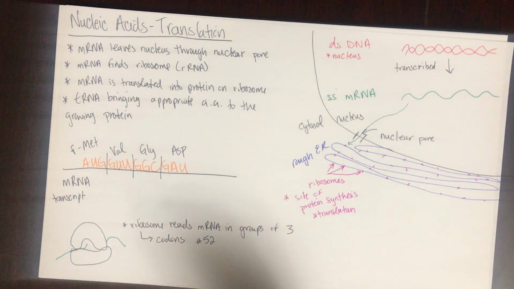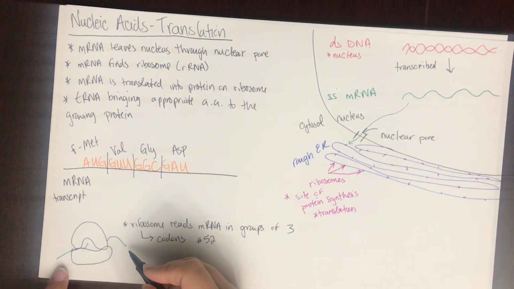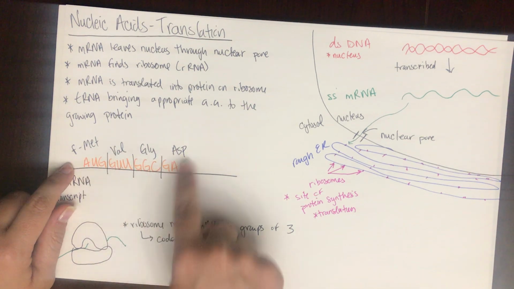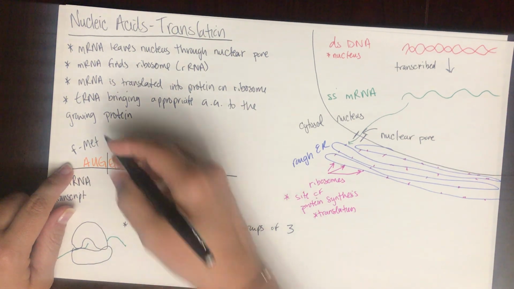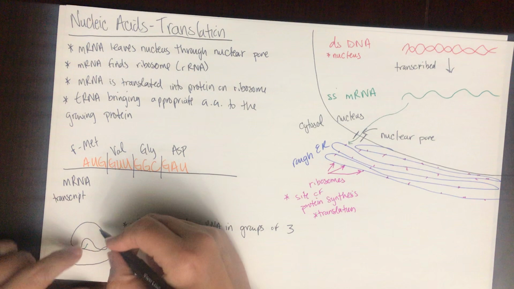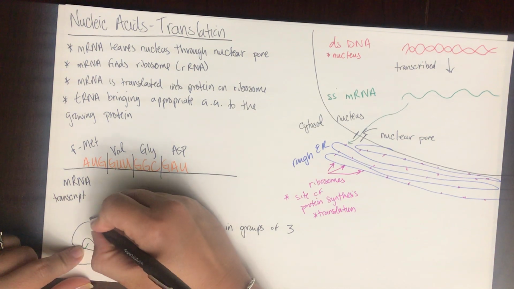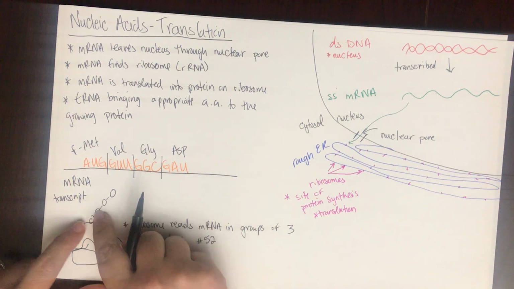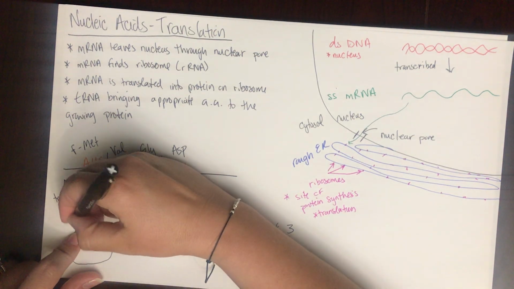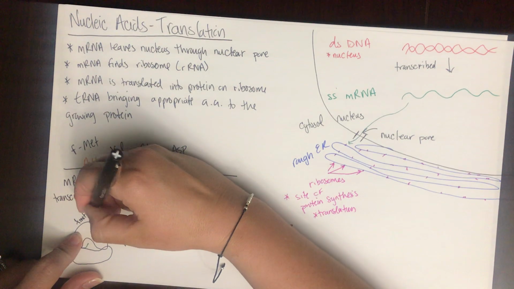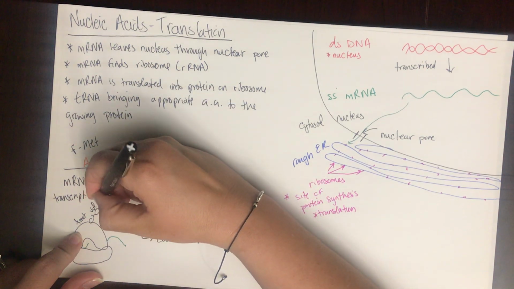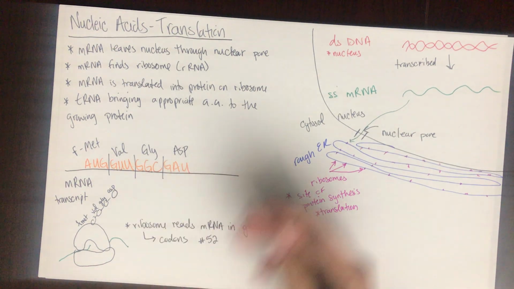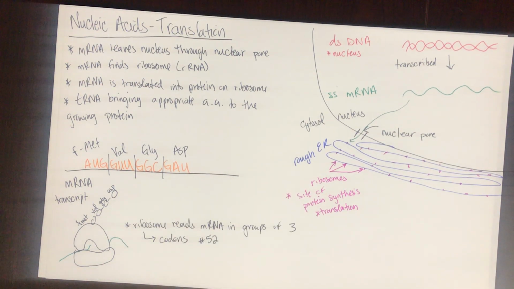So this is how we read the transcript, and now this is going to be the amino acid sequence: F-met, valine, glycine, aspartate. We have this growing chain of amino acids.